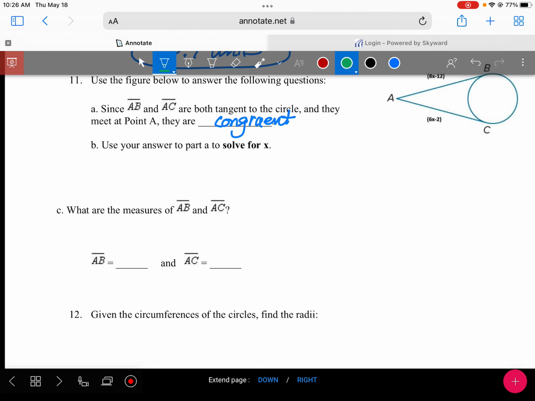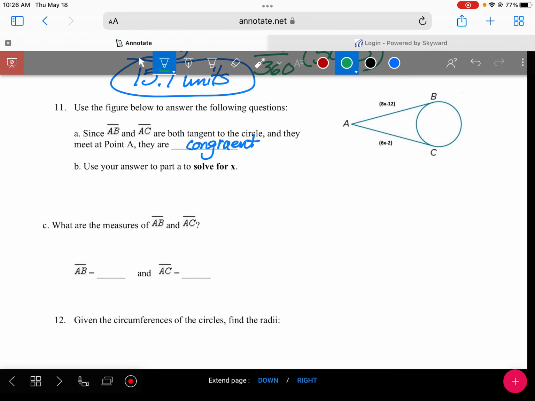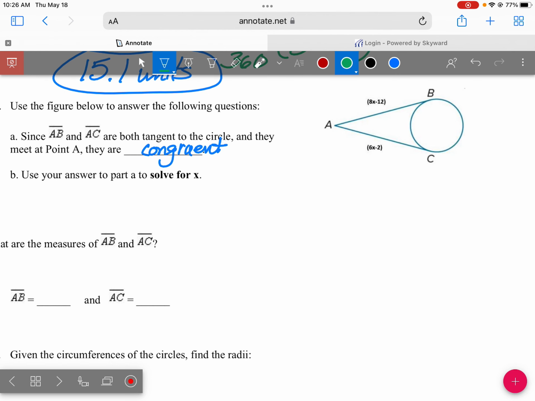All right, so use your answer of part A to solve for x. If they are congruent, that means their lengths are equal, right? So how would I solve for x?